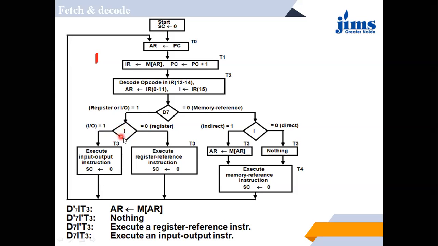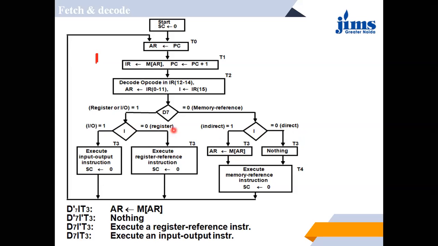If it is 1, this is an indirect operation, so it accesses the value indirectly, from the reference. If it is 0, it accesses the value from memory directly. So when it is indirect, it accesses the content from memory at register AR.